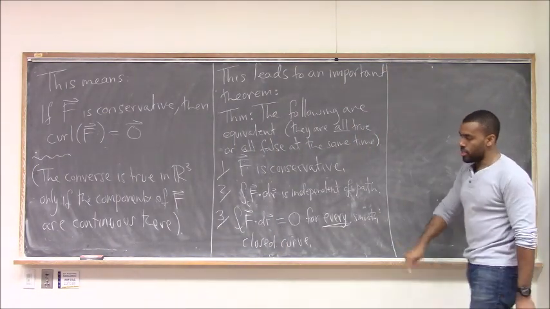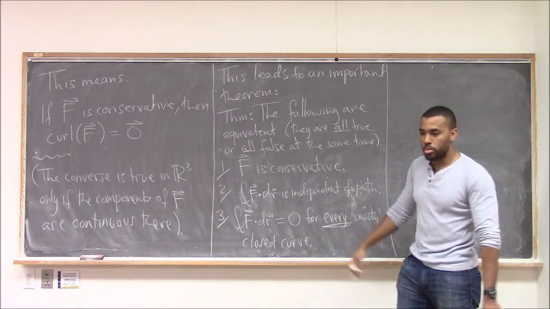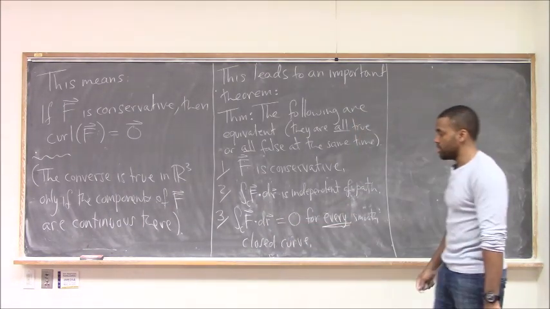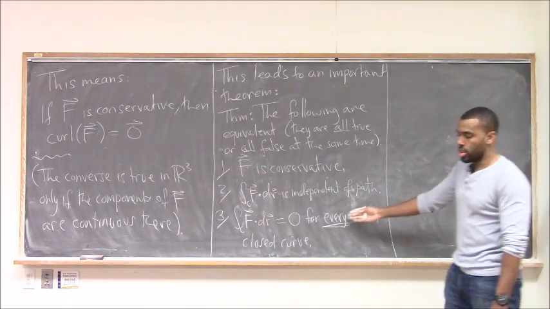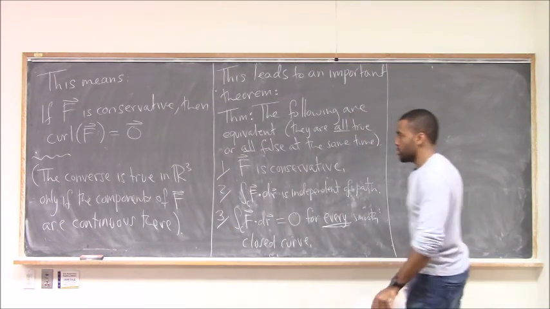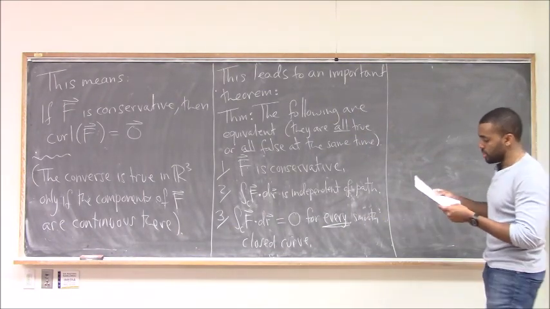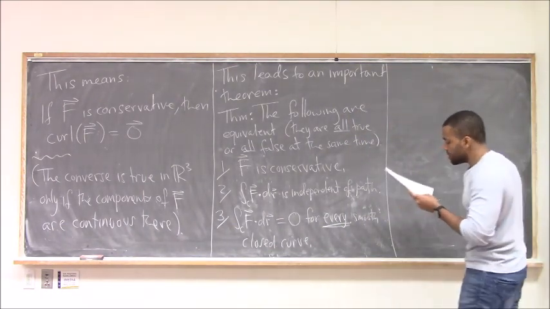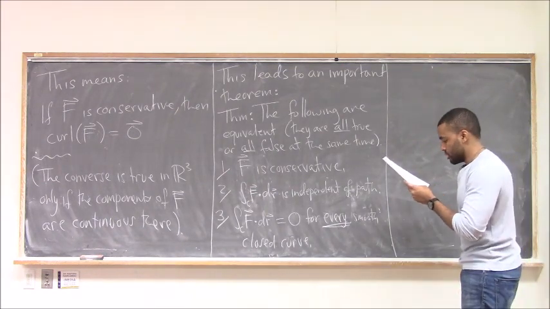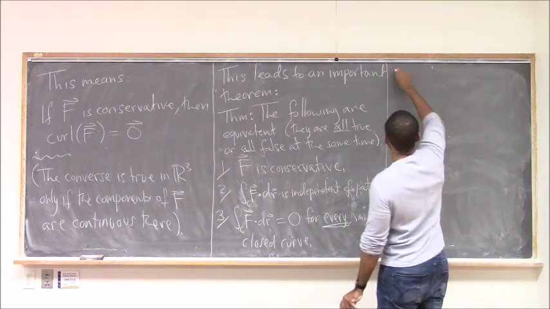There are examples of functions where sometimes it gives you 0 for a bunch of closed curves, and sometimes it doesn't. But for every closed curve, the work integral will be 0 if you know your function is conservative. That's a defining characteristic. What else? Oh, well, the equations is the next thing.